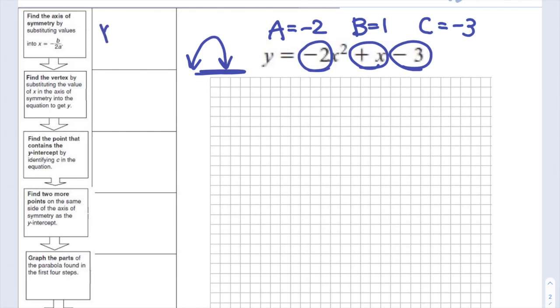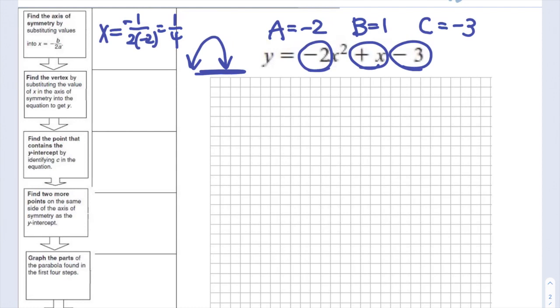So our axis of symmetry, negative b over 2a. So negative 1 over 2 times negative 2. It's a positive 1/4. So it's a fraction. And you're just going to sketch it. It's okay, that's not perfect.